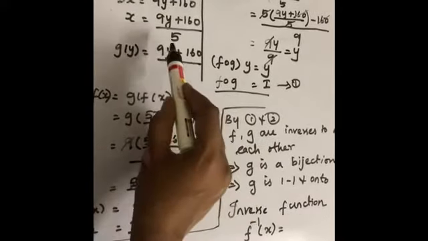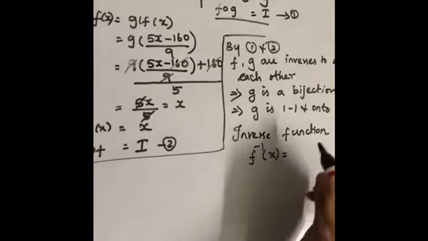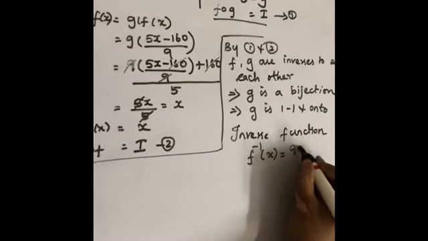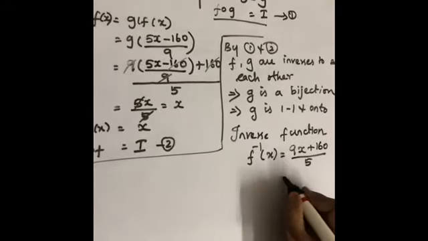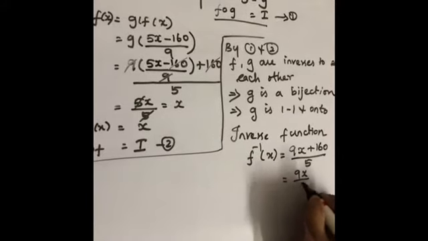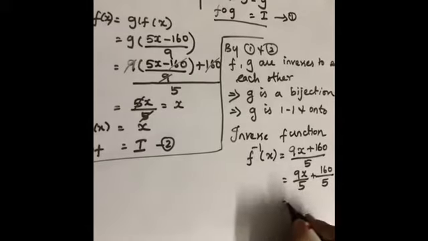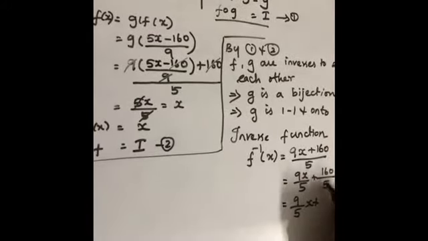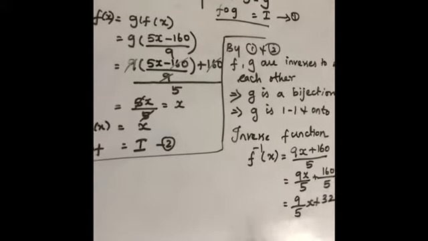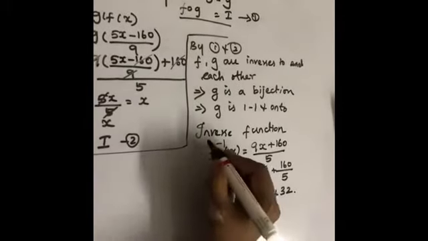That is the inverse function. f inverse of x is equal to (9x plus 160) divided by 5. That is equal to 9x by 5 plus 160 divided by 5. We can simplify it. 9 by 5 x plus, shall we cancel? 5 32s are 160, so plus 32, and it is the inverse function.